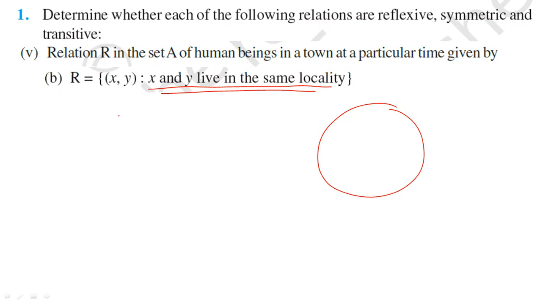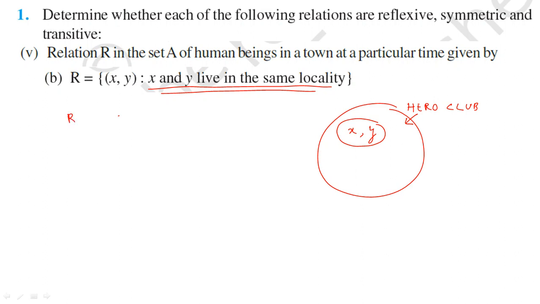The name of the locality is any locality you can write. Suppose the locality is Hero Club. This one is the locality, and X and Y are there inside that locality. It's similar to the previous problem.